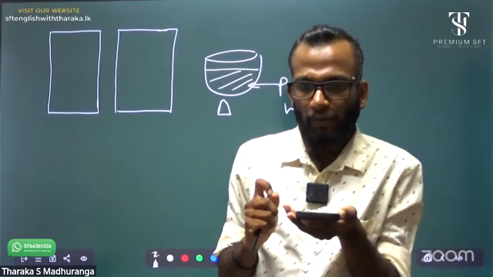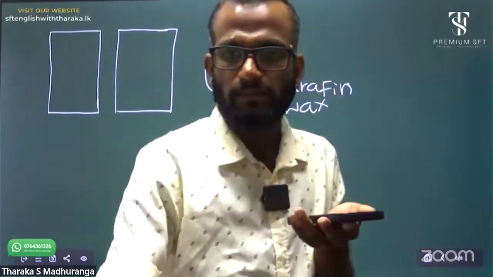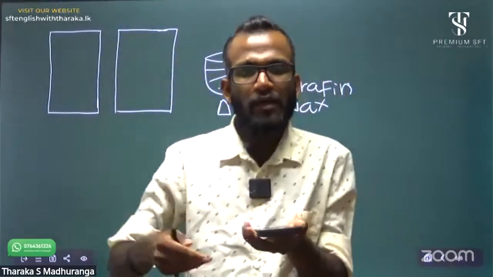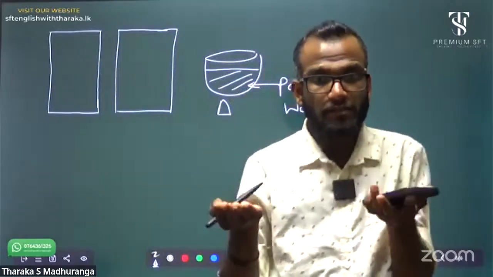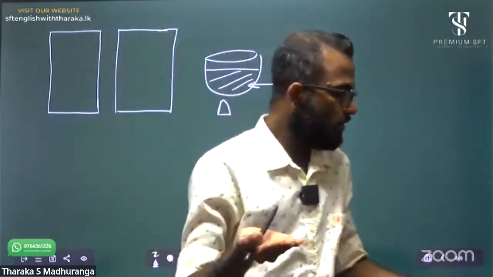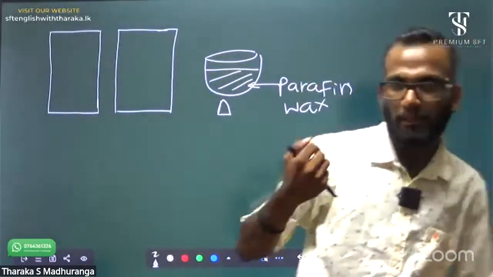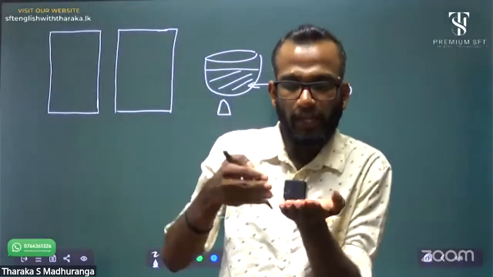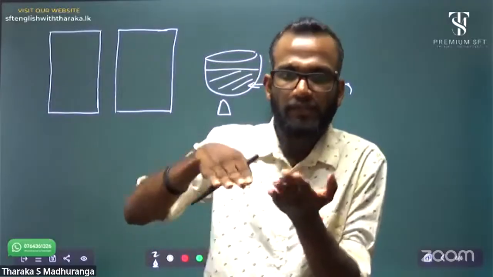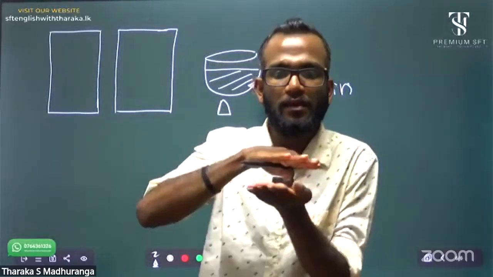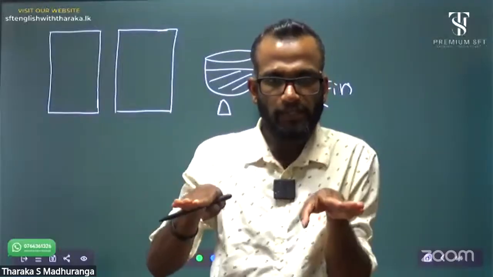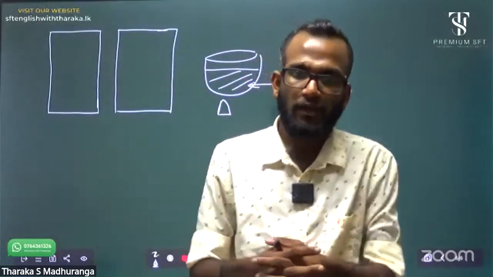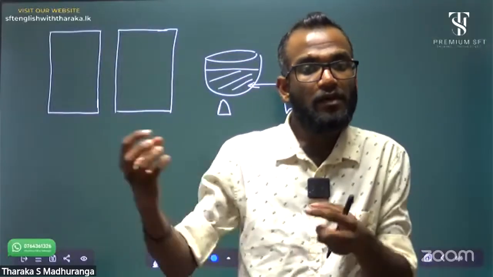Okay. Now take the second glass plate. You can add the remaining paraffin wax onto the glass plate and use the same method to make a thin paraffin wax layer on this glass plate, and keep it for some time for cooling.